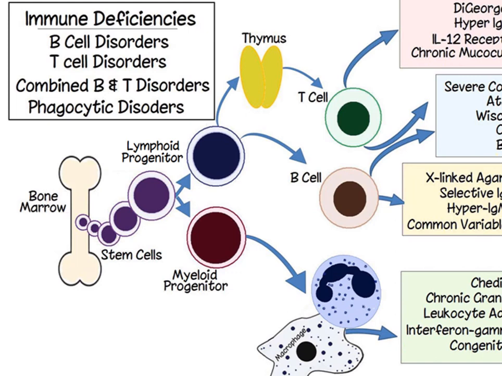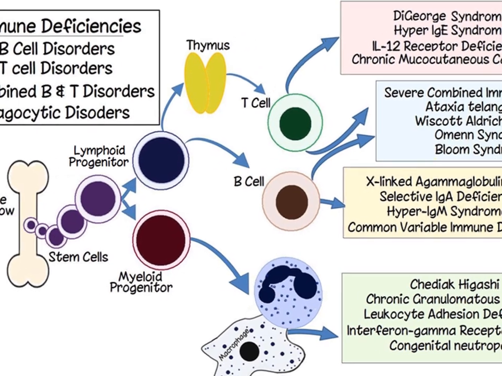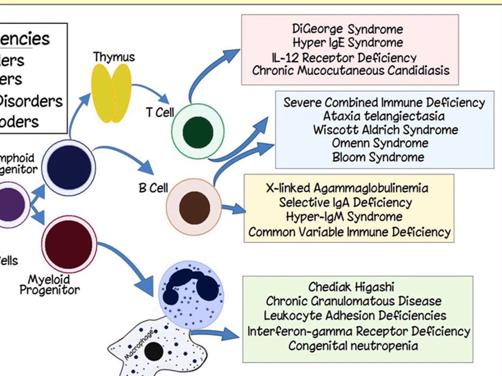Lymphoid progenitors are going to evolve into B and T cells. Of course, T cells mature in the thymus and B cells in the bone marrow. From myeloid progenitors, we're going to make essentially the neutrophils, macrophages, and granulocytes, and these are going to be of interest to us when we deal with phagocytic disorders.